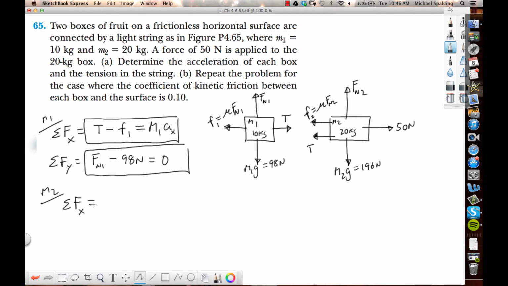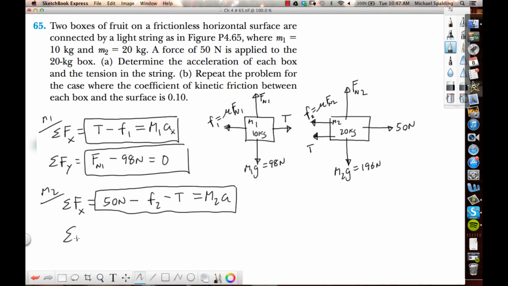Sum forces in x: 50 newtons minus friction 2 minus tension equals M2a. Then we sum forces in y: normal force 2 minus 196, that's M2g, equals M2a.